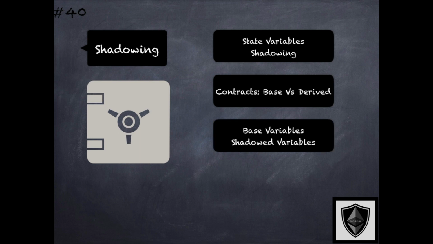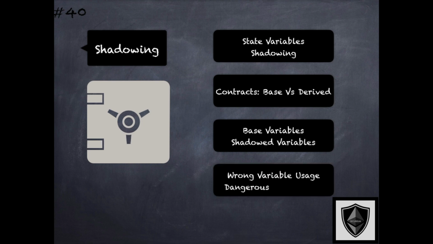So you can imagine that the base variables and shadowed variables with the same names could be confusing even for the developer, and they could end up using or modifying the wrong variable from the base contracts. These dangerous and unexpected consequences were recognized, so Solidity compiler 0.6.0 disallowed shadowing of state variables.